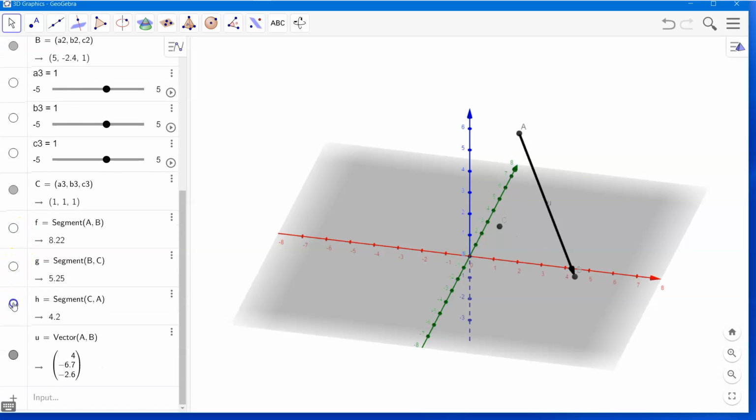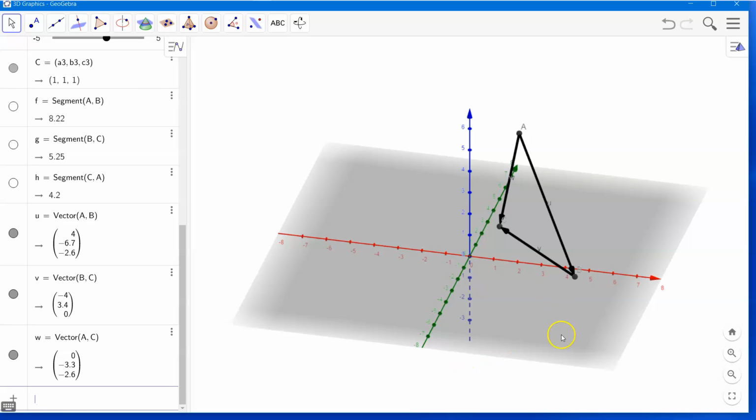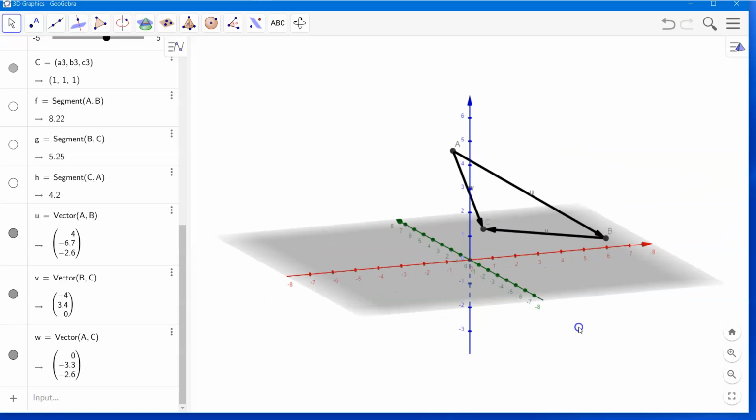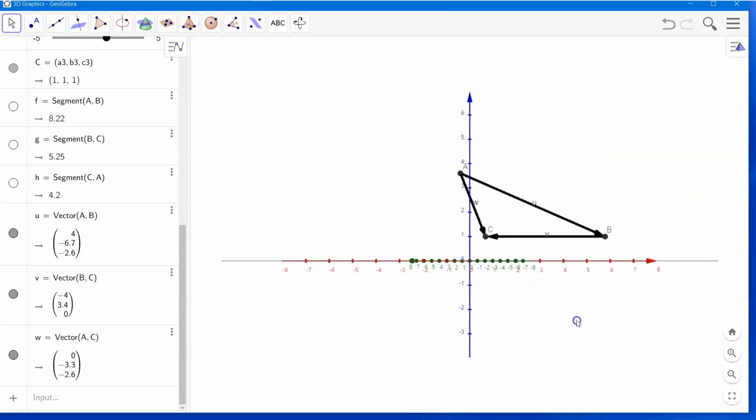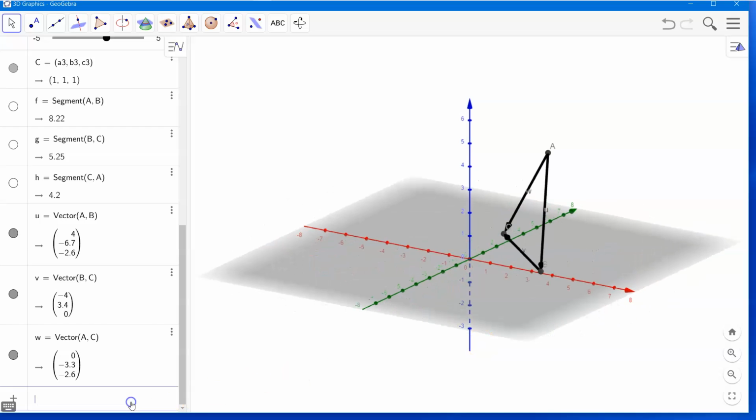I could have avoided creating these segments anyhow. Okay, similarly, vector B, C and vector A, C, right? The advantage of defining it as a vector is then we can do vector calculations.